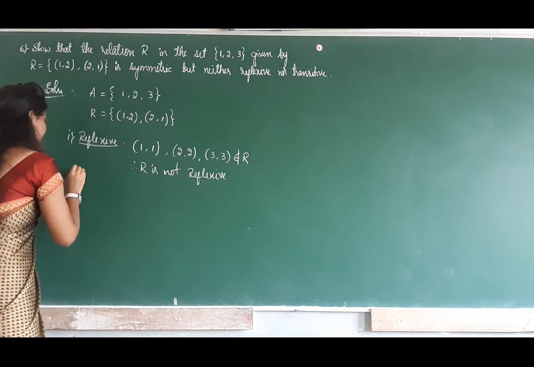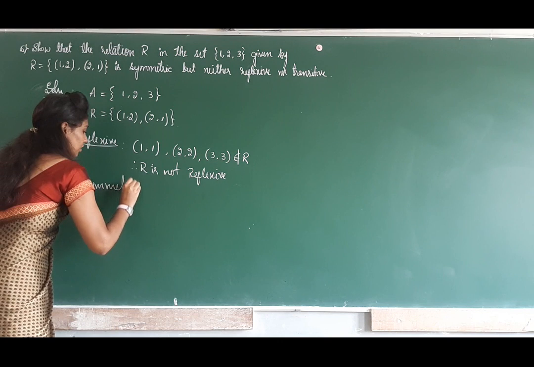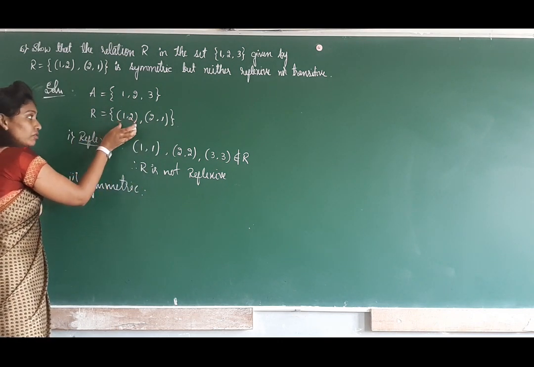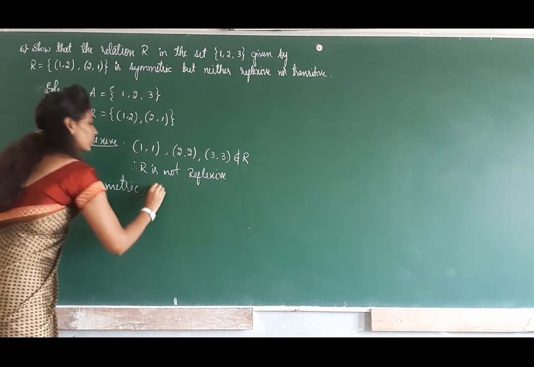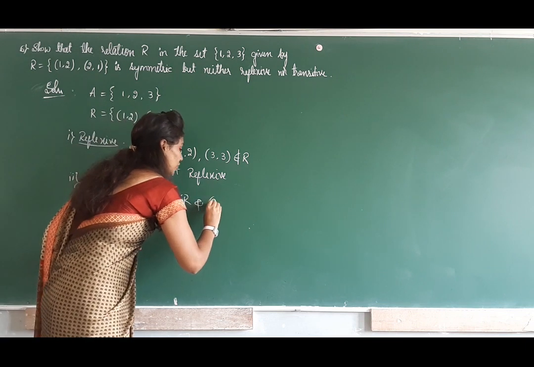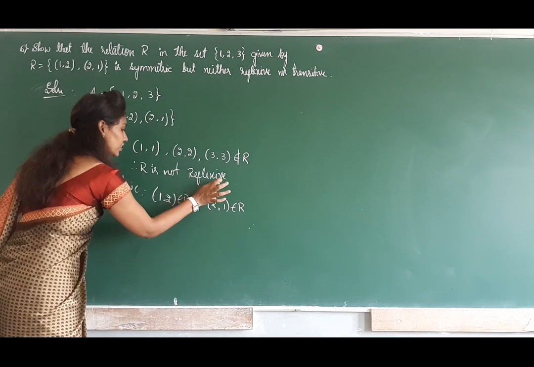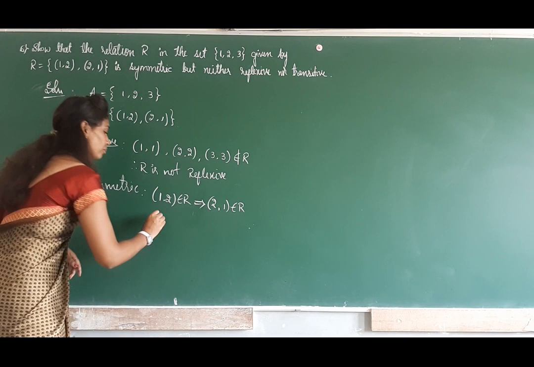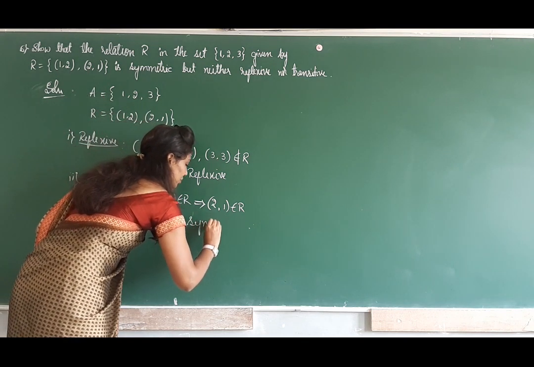And symmetric. For symmetric, observe the relation here. The ordered pair (1, 2) belongs to R and its reverse (2, 1) also belongs to R. Therefore, R is symmetric.